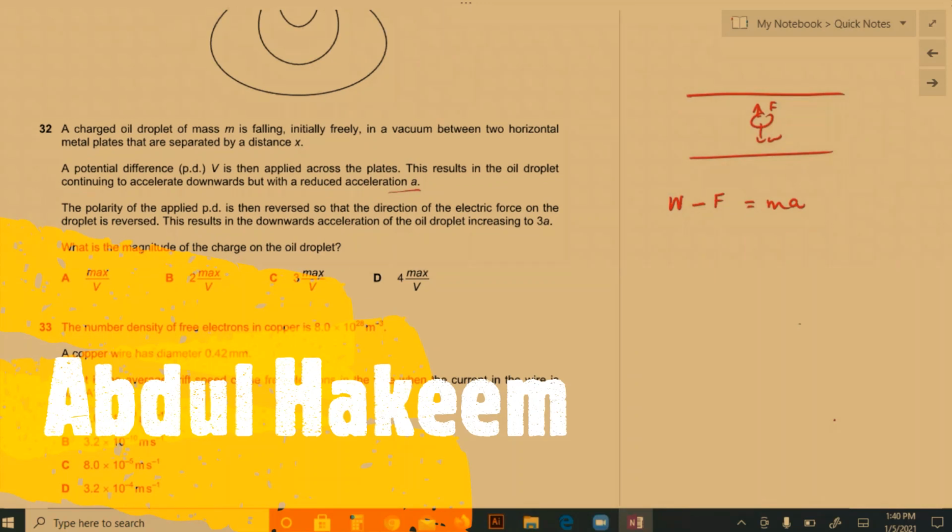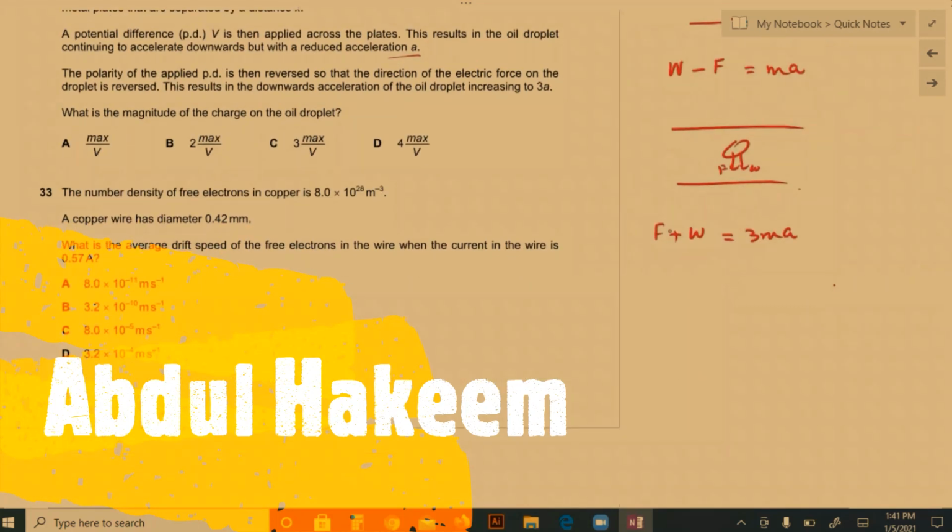The next situation is that the polarity of the applied PD is reversed, so that the direction of the electric force on the droplet is reversed. The result is a downward acceleration of 3a. So in this case, both forces, the weight and the electric force, are acting downward. It means F plus W is equal to 3ma.